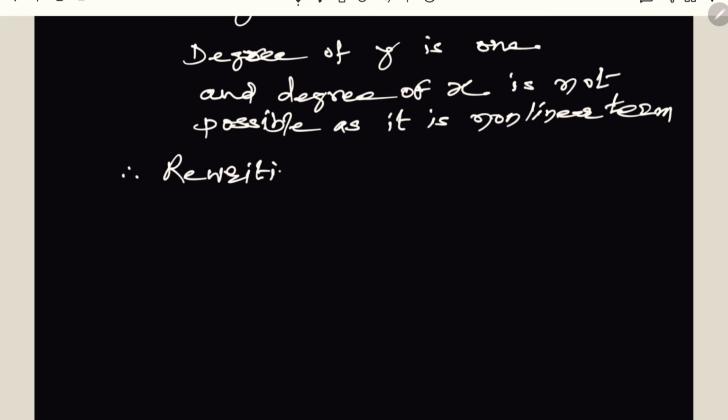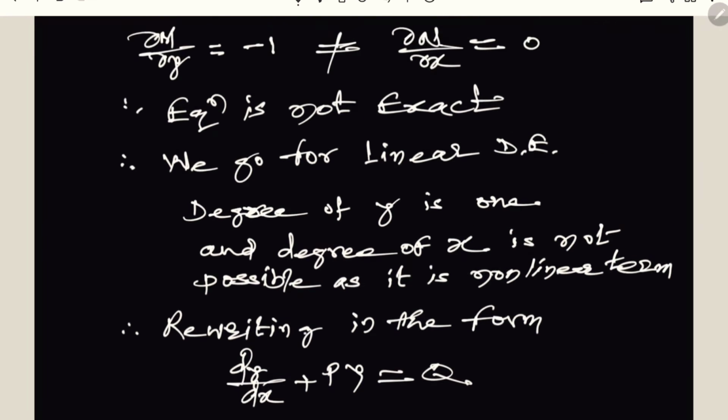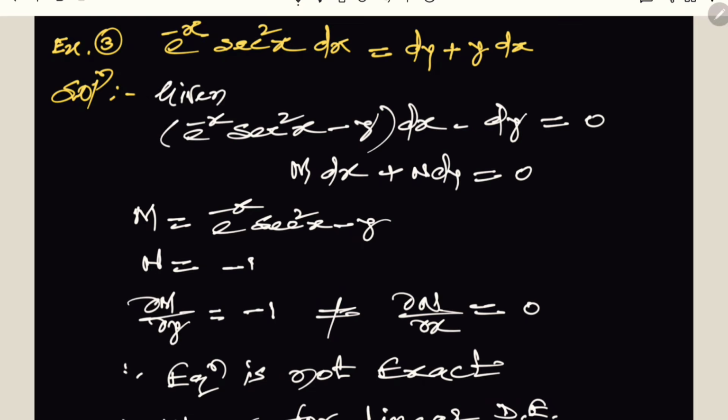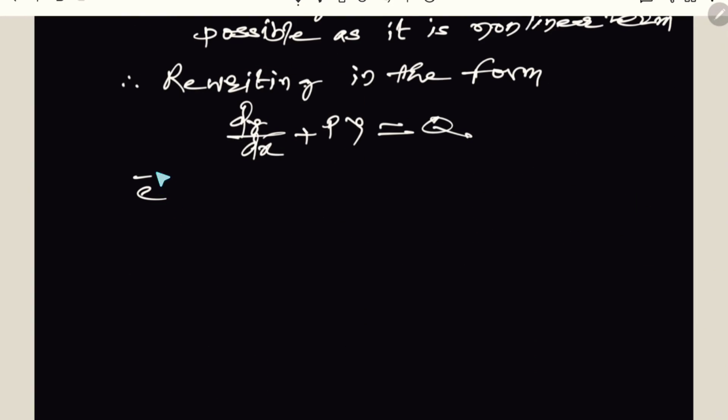we rewrite it in its general form as dy by dx plus Py is equal to Q. Rewriting that equation, e raised to minus x into secant square x minus y into dx is equal to dy.